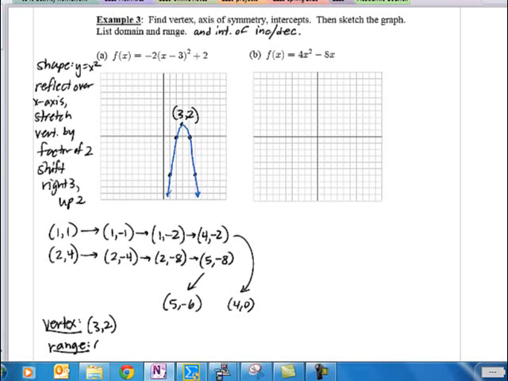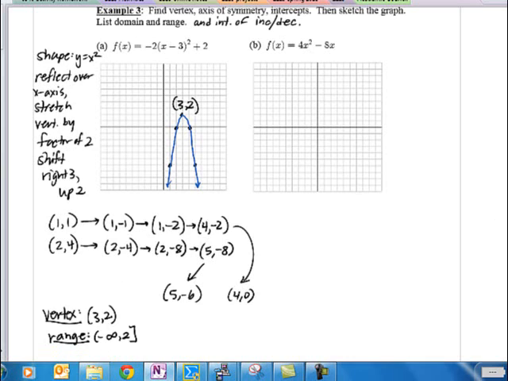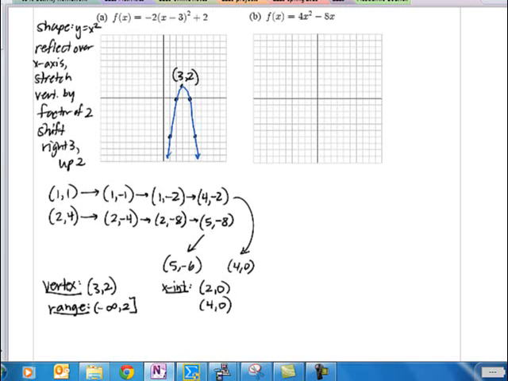And we can see the x-intercepts from the graph happen to be 2, 0, and 4, 0. We'll look at how we could find those another way if we didn't have the graph already. The y-intercept: we want to calculate f of 0.